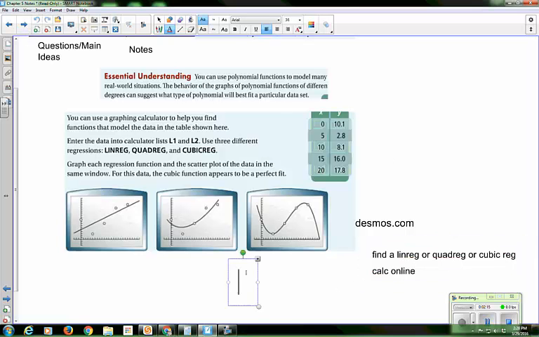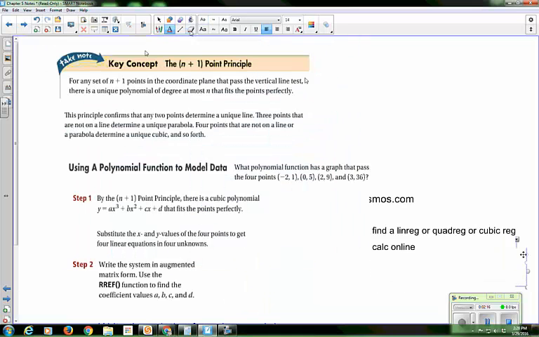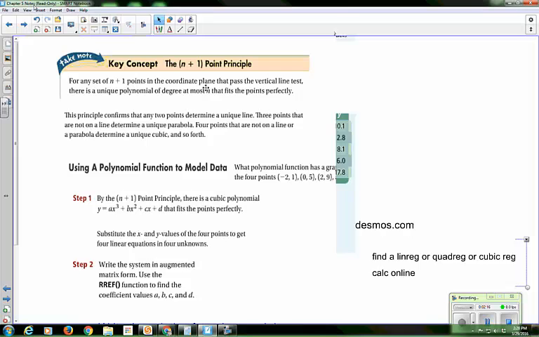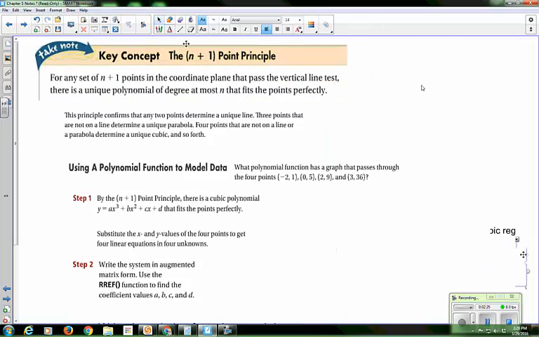So let's go through and see what we'll be encountering when we solve these problems. Okay, so this is the n+1 point principle. For any set of n+1 points in the coordinate plane that pass the vertical line test, there's a unique polynomial of degree at most n that fits the points perfectly.